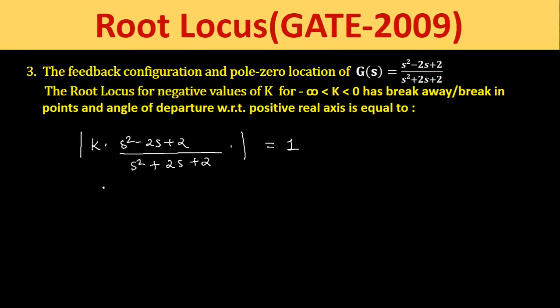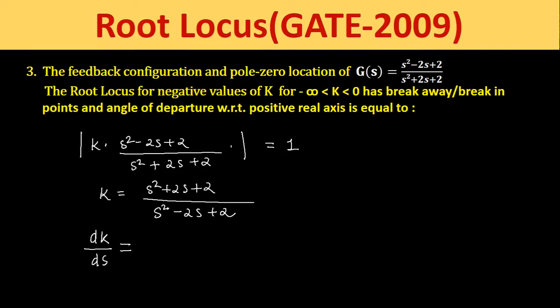So from this equation K will be equal to (s² + 2s + 2)/(s² - 2s + 2). Now to find the breakaway points, we have to differentiate this equation of K with respect to s. That means we have to find dK/ds.